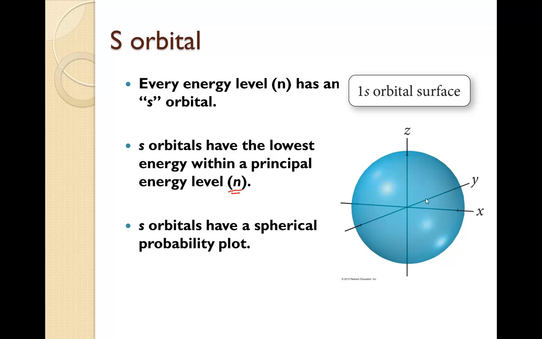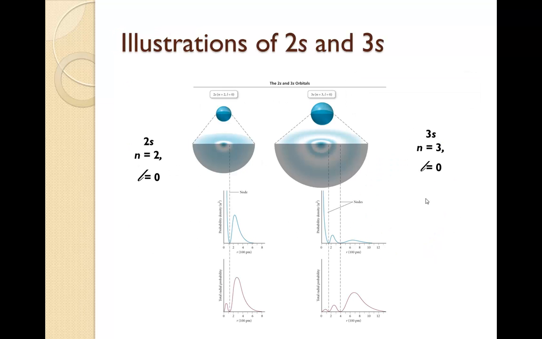So if we look at multiple energy levels, this is 2s, meaning N is 2, the second energy level, and then L is the s, so L is 0. The third energy level also has an s, so N is equal to 3, and then L is equal to 0. Let's take a look at these pictures a little bit closer.